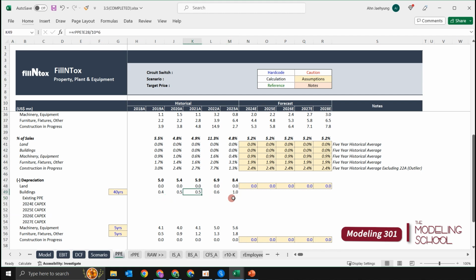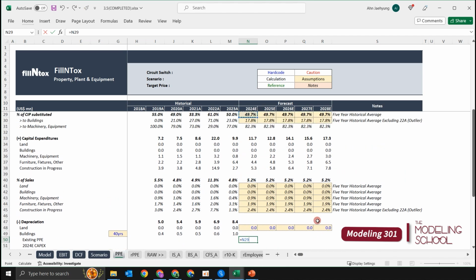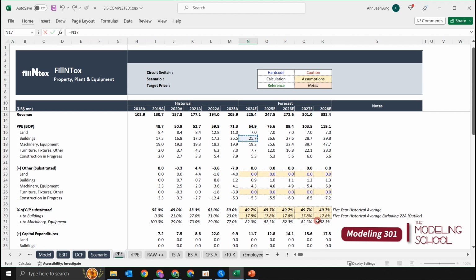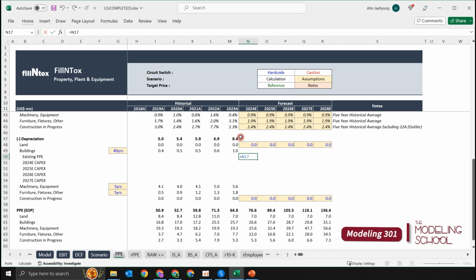Just simply, after fully depreciated, the value of the assets would be 0. So how are we going to do that? For simplicity, let's start from existing PPE. So existing PPE, how it's going to work is we're going to simply divide beginning period amounts, so beginning amounts at year 2024 for buildings, $25.7 million.